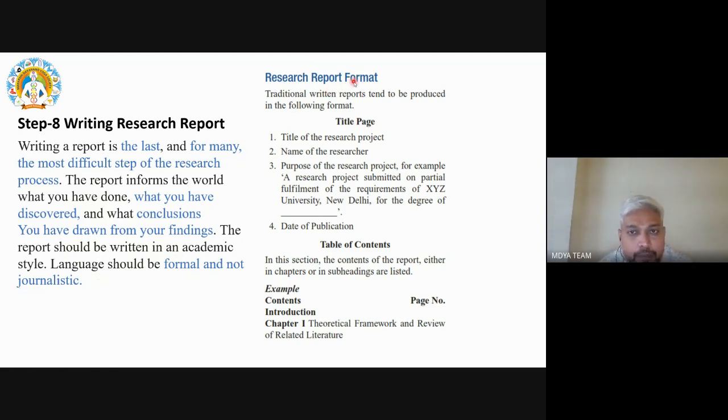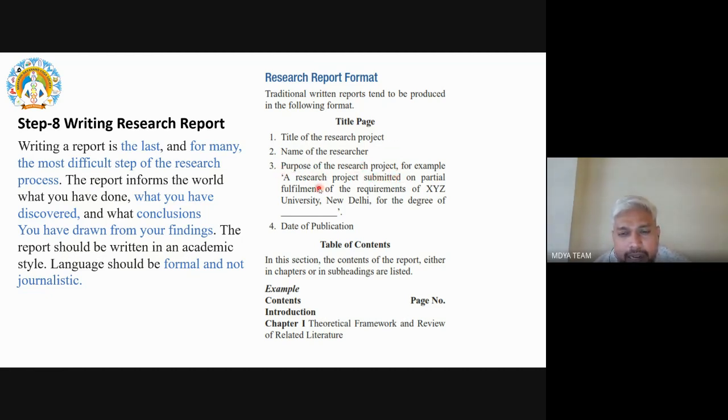So here is an example of a research report format. Traditionally written reports tend to be produced in the following format. First is the title page. The first page will always be a title page. Then the title of the research study, name of the researcher, and purpose of the research project.